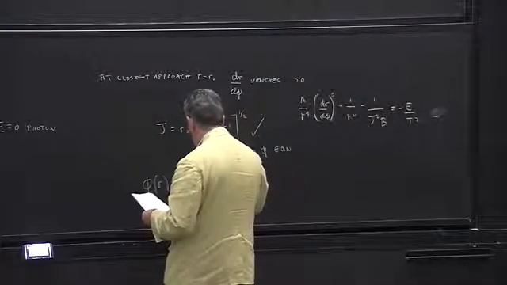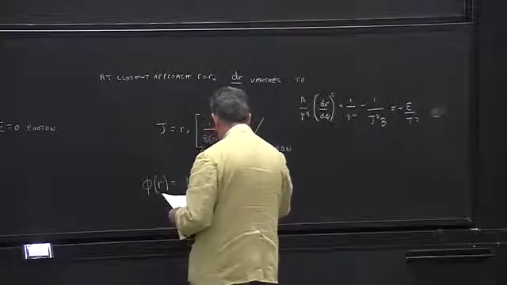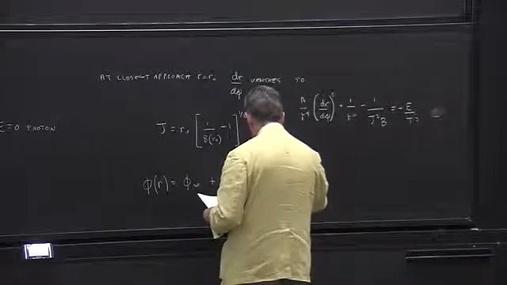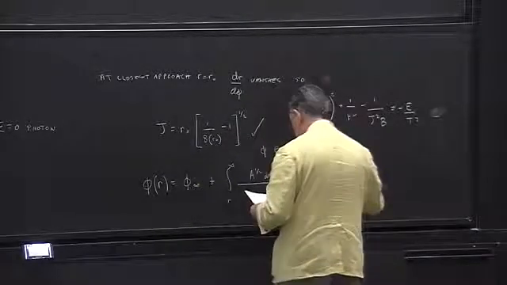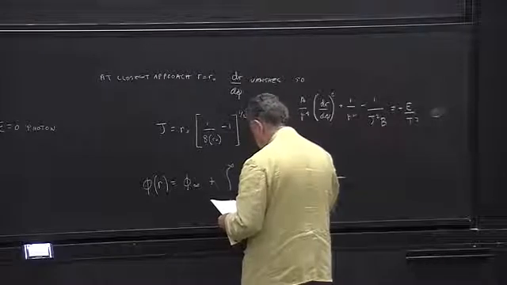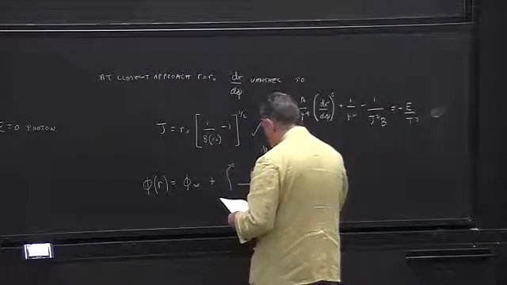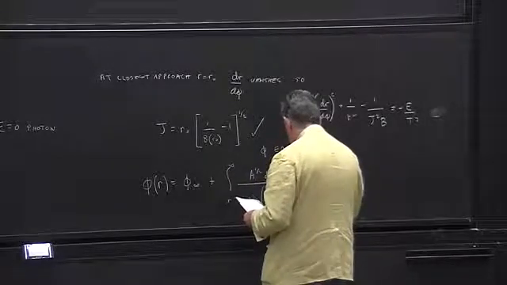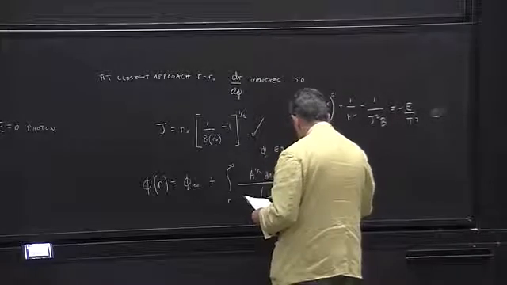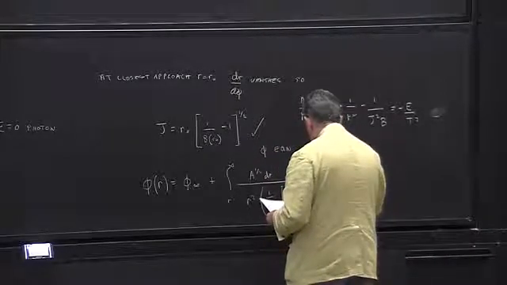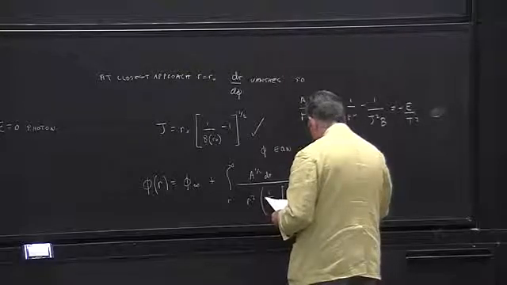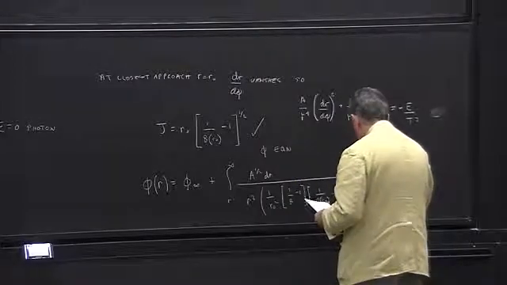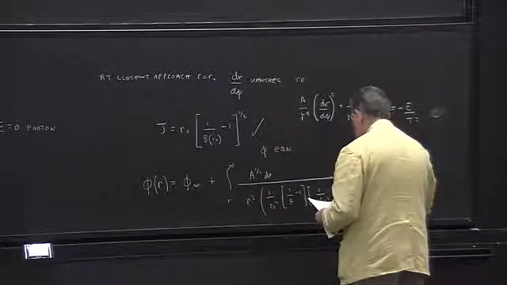And phi of r equals phi of infinity plus the integral from r to infinity of A to the 1/2 dr over r squared, into 1 over r naught squared, 1 over B of r naught minus 1, to the minus 1, minus 1 over r squared, to the half.